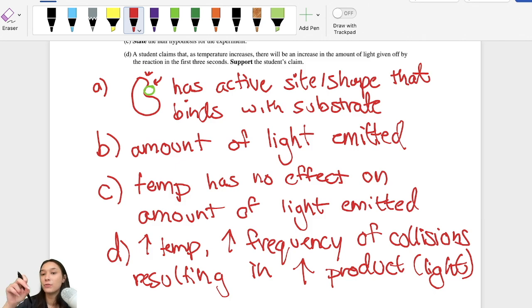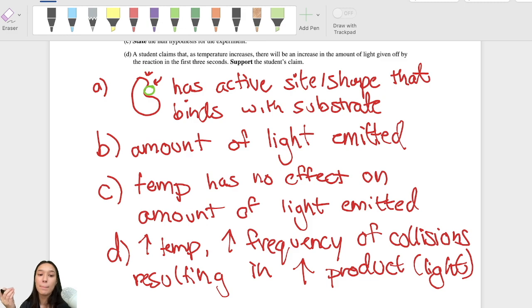Another option that you could have done, because again, this is a pretty general thing that they're asking you. So they would have also accepted that the higher temperature makes the active site better at binding. This is also something that is possible.